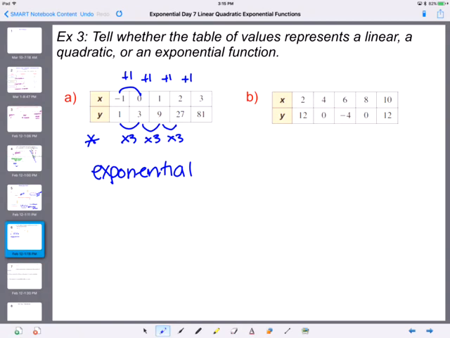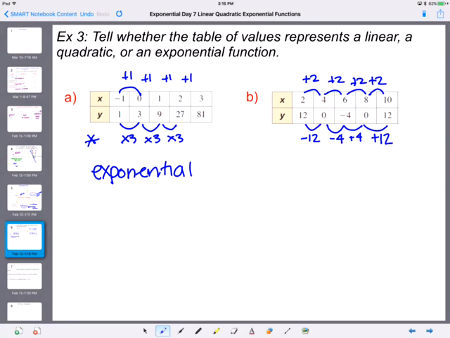When we look at the next chart, 2 to 4, we're increasing by 2, increasing by 2, increasing by 2. So we're increasing at a steady rate. To go from 12 to 0, I subtracted 12. 0 to negative 4, I subtracted 4. Negative 4 to 0, I added 4. And 0 to 12, I added 12.